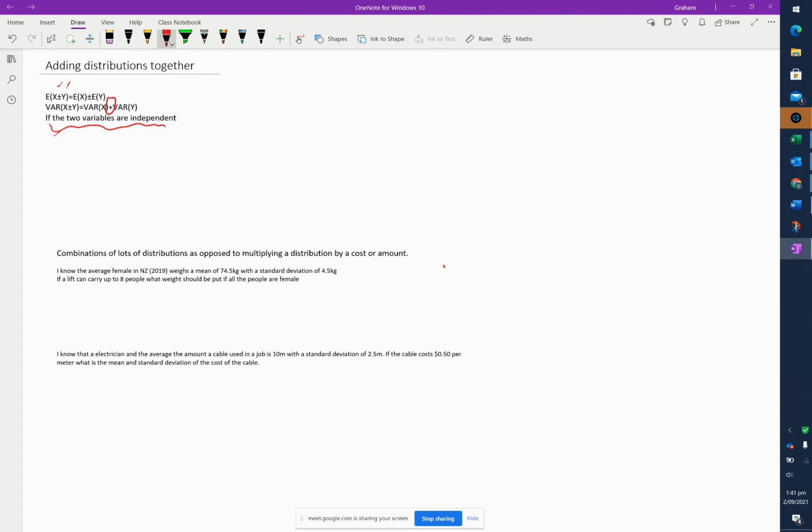When I come to work out my variance, let's change that. Let's say I've got a new variable for the total weight.